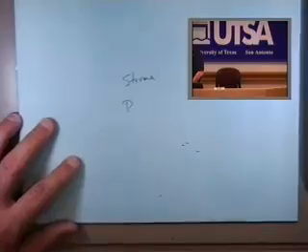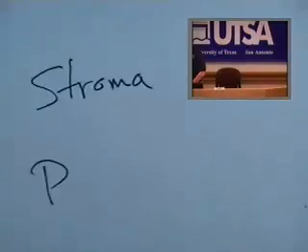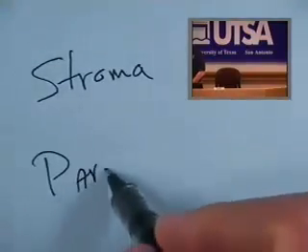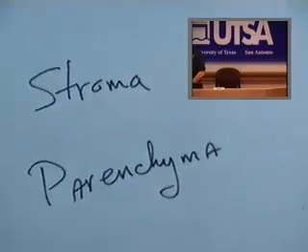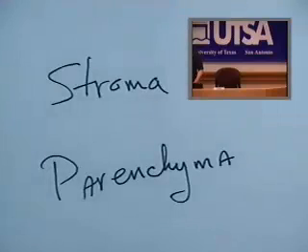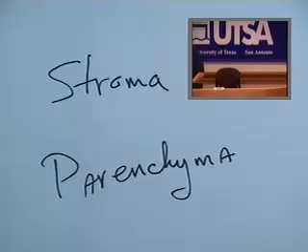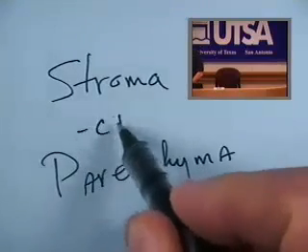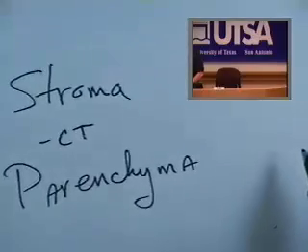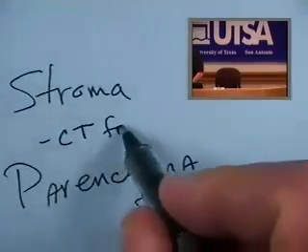Let me zoom in on that. The other components, obviously, vasculature, and then a connective tissue capsule. So every organ will have a connective tissue capsule. The stroma is the connective tissue, CT is obviously the abbreviation for connective tissue, framework.